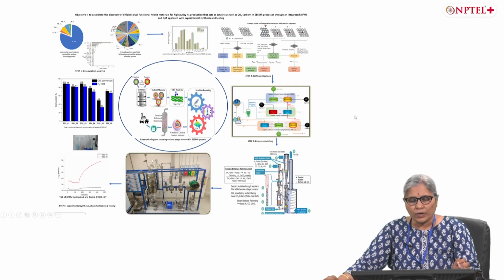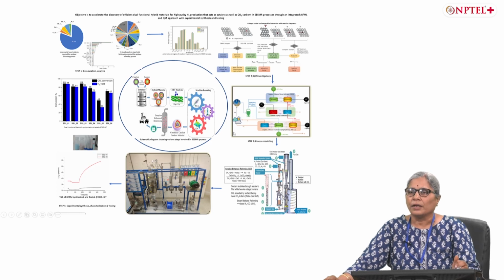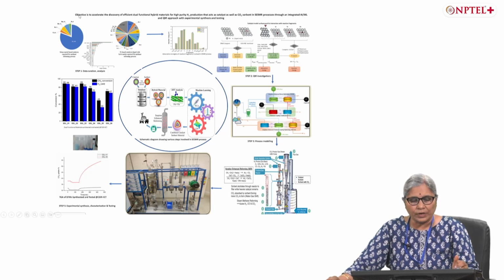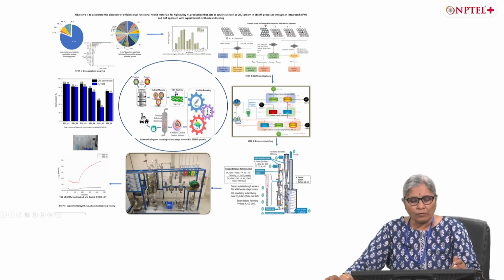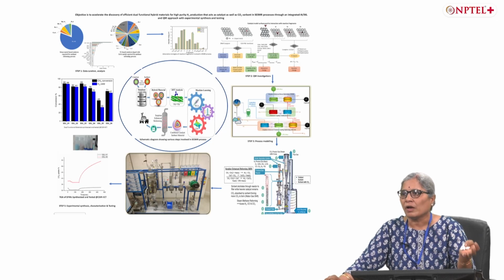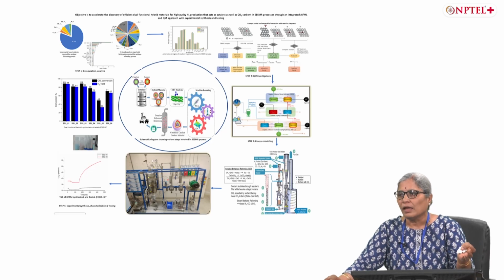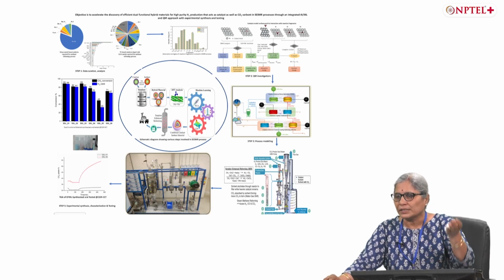So this is the overview of the entire workflow that we follow for the reforming reactions. Initially we take a literature review, because reforming of methane or any other gas is not a very new problem, it is a decade old.